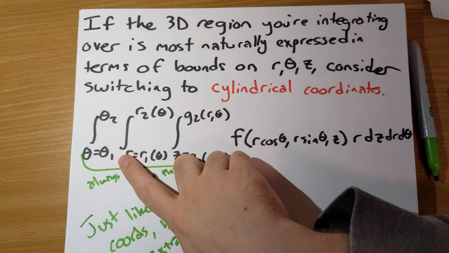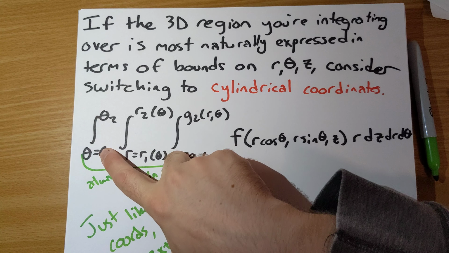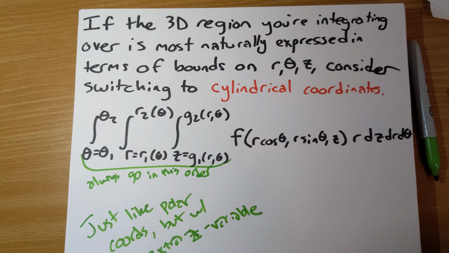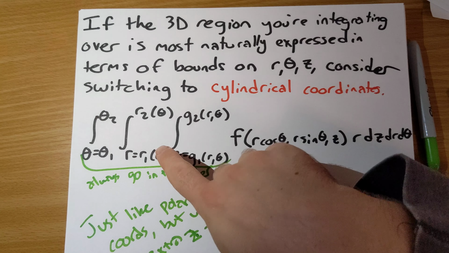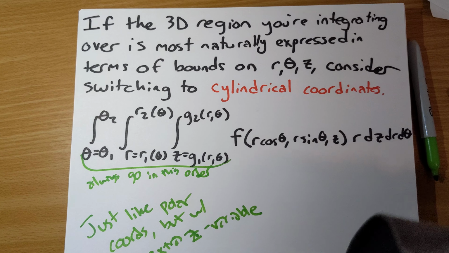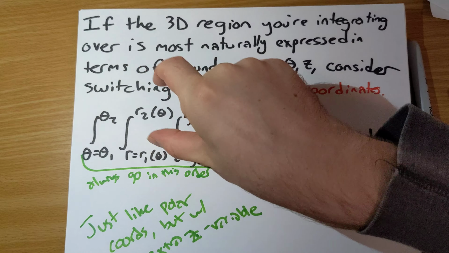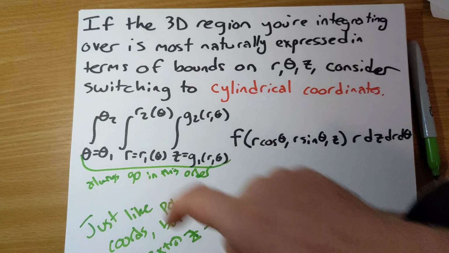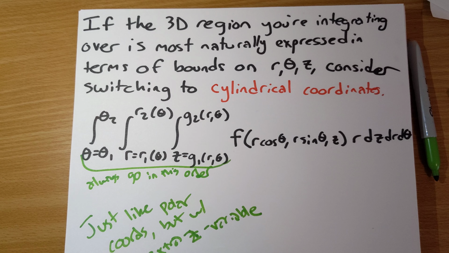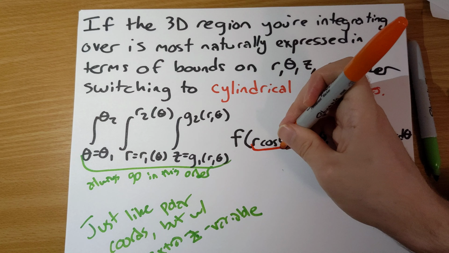The important thing here is that r needs to depend on theta. Just like in polar coordinates, if one of theta and r depends on the other, it's always r depending on theta, so we have to integrate with respect to r first and then theta instead of vice versa.